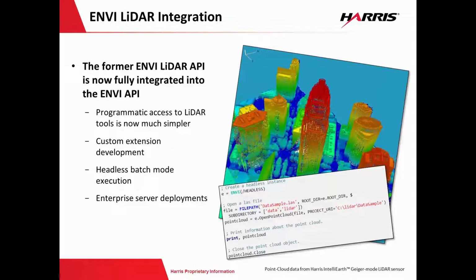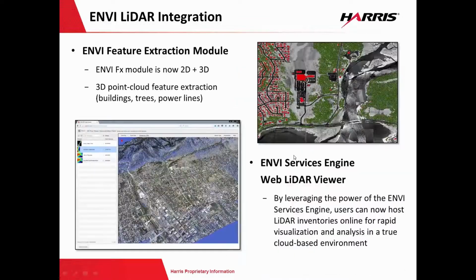Now all of that is rolled into ENVI, and this allows a lot of really neat things to happen. Number one, you don't have to call different products or have a separate license. Number two, we can do a sort of data fusion here. We can extract things from point clouds, get raster images, and use all the power of ENVI to do additional processing, all within one contained API. So this is pretty interesting.